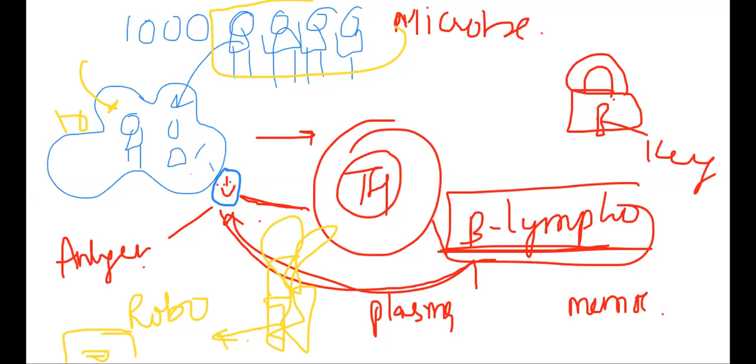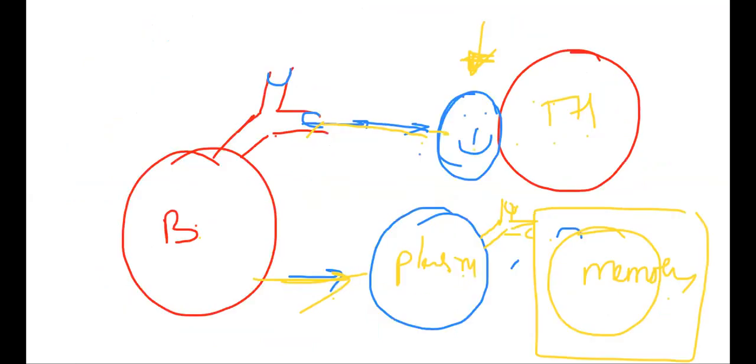In that way, when 1,000 bacteria entered the body, with some bacteria we analyzed, and the helper cell passed it to the B lymphocyte, we prepared some antibodies. But for the first time, it is very late. We have to collect it, fragment it, and the antigenic fragments should be observed by the B lymphocyte. They need to prepare the antibodies accordingly. So all this is a little bit tough and time-taking process.